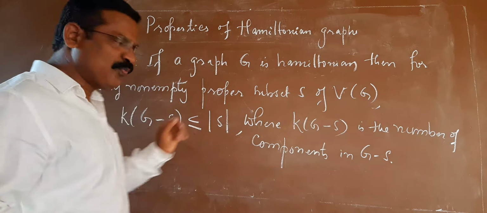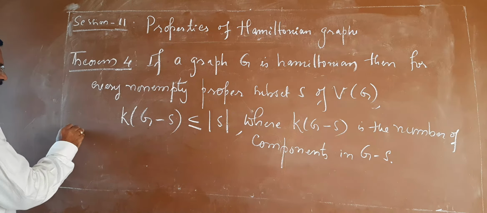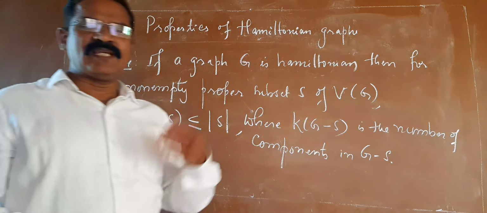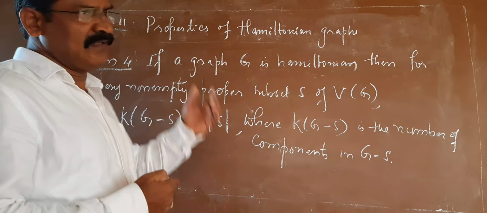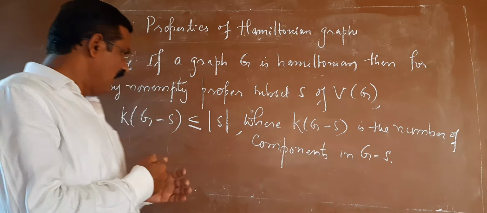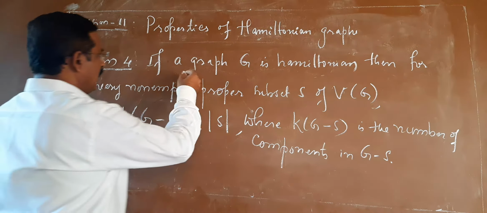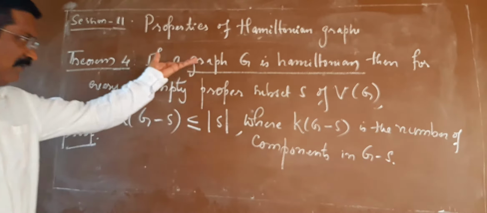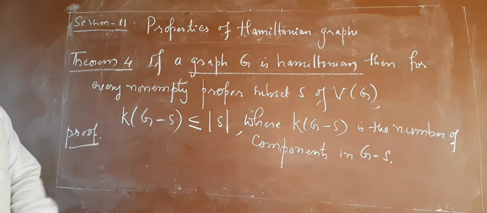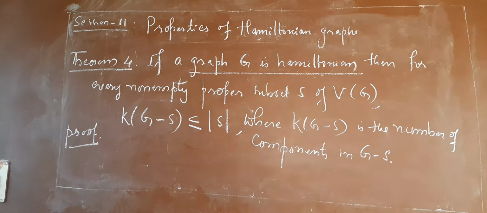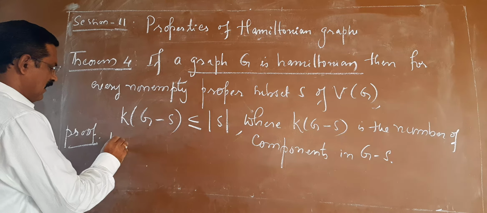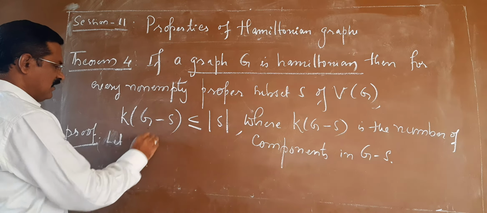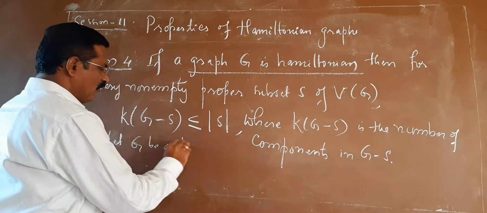So how to prove this result? As I said, there is no general characterization. It is one of the necessary conditions for Hamiltonian graphs. First, let G be a Hamiltonian graph, because it is given in the statement.